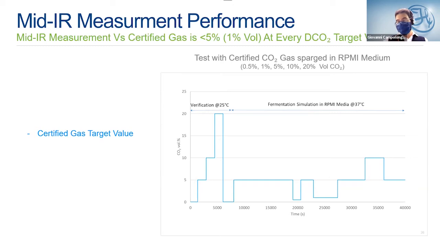And we were sparging that and making sure that the medium reaches the equilibrium before measuring. So in the end, what we obtained was a target profile. Target profile of CO2, different concentrations of CO2 in a medium that is used in cell culture.